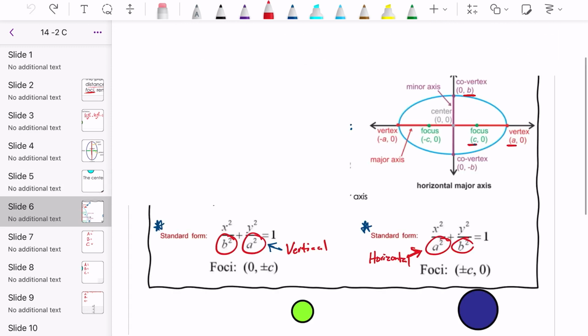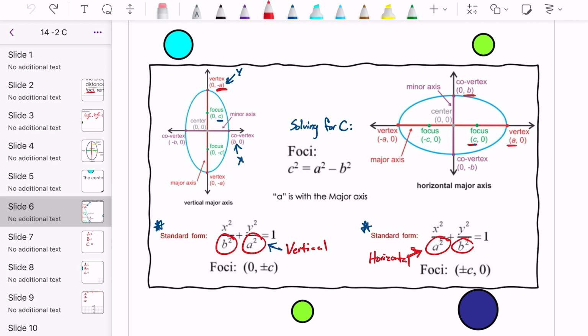In slide 6, we go ahead and we start comparing the differences between our vertical ellipse and our horizontal ellipse. Now, the numeric value does not change when we are talking about the positioning of a vertex or a co-vertex or a focus. But what does change is whether that number is going to be in the position of the x or the y.